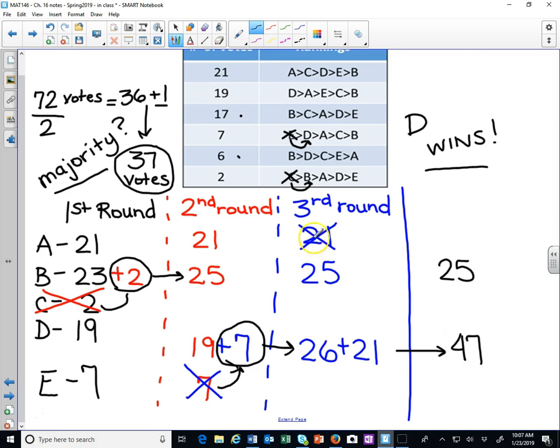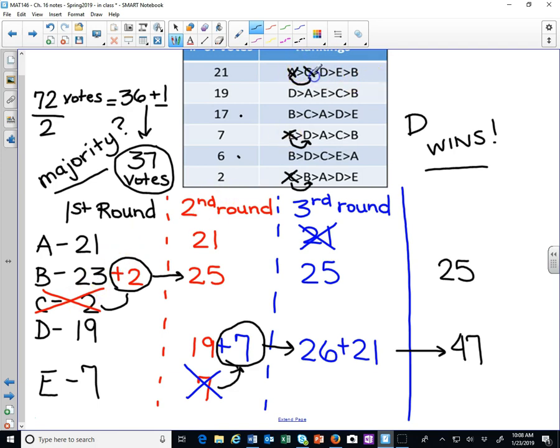Now all of these are pretty close voting wise, but we still have to eliminate the one with the least number of votes. So that's going to be A in the third round. So we'll go up here and eliminate A. Now these people, if they couldn't have A, they said they wanted C, but we already eliminated C, right?